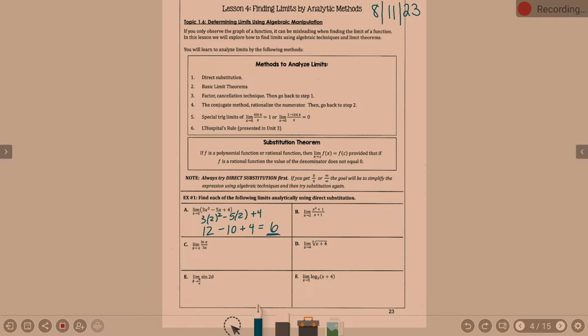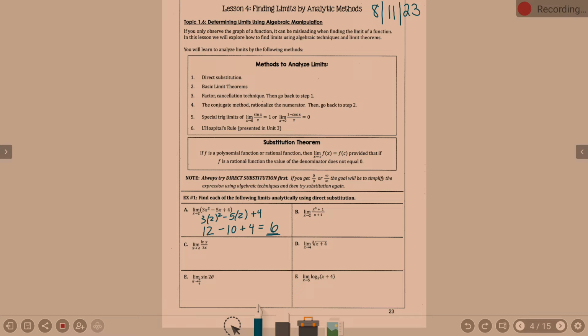Okay, B. As x approaches 2, x cubed plus 1 over x plus 1. If you know how to factor it: x cubed plus 1 does factor, and we'll review that at some point. But here's the deal.